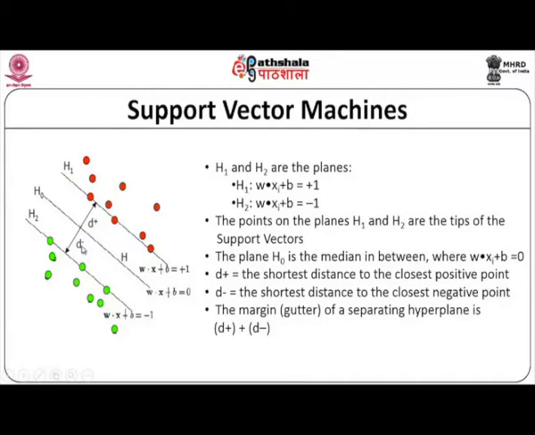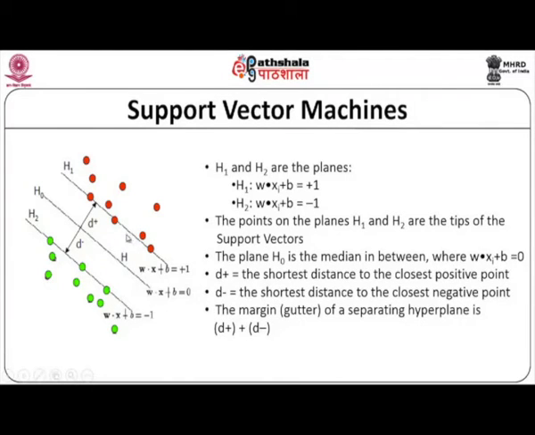And d minus is the distance between the closest point in the other set of data and the hyperplane H0. From the other set of data associated to the second class label, in this diagram we find 3 points lying on the hyperplane H2, and these points and their corresponding distance with respect to the median is indicated as d minus.